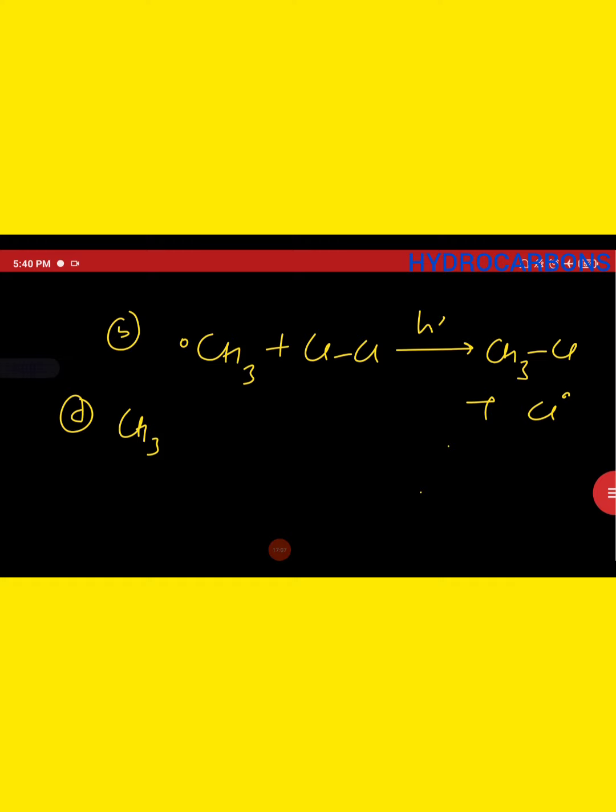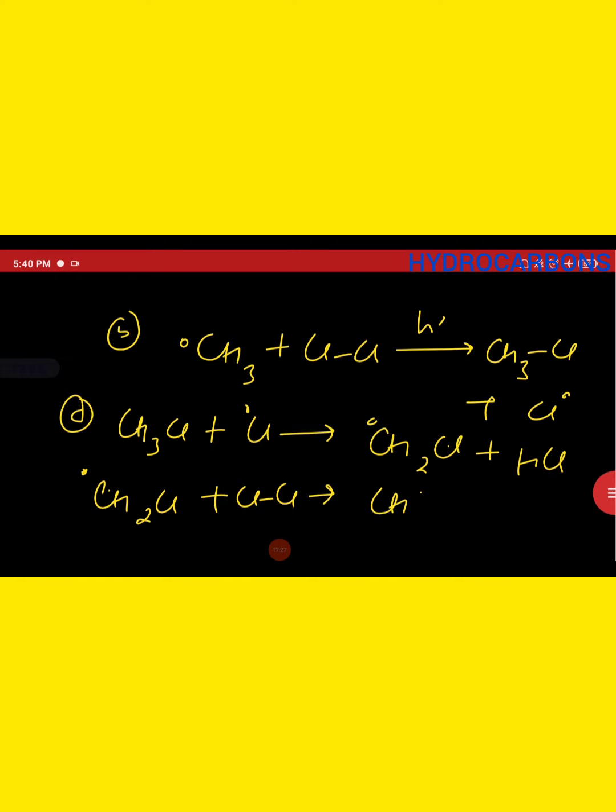And on this methyl chloride, this chlorine free radical again attacks, and it forms chloro substituted CH2Cl free radical and HCl. And CH2Cl free radical is further attacked by a chlorine molecule, and it forms dichloromethane, CH2Cl2, plus chlorine free radical.